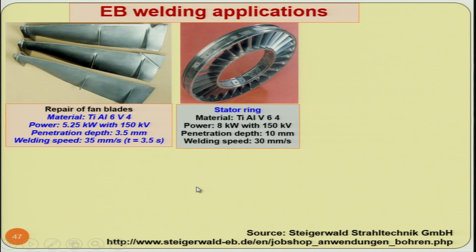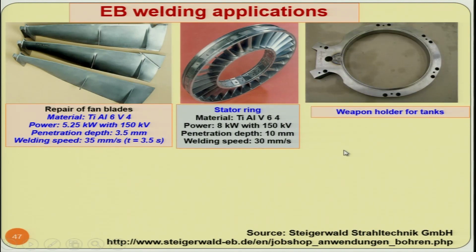Then there is a stator wing ring which has been repaired or welded. Material is this stator, power is 8 kilowatt, 150 kilovolt, penetration depth is 10 millimeter and welding speed is again 30 millimeter per second.